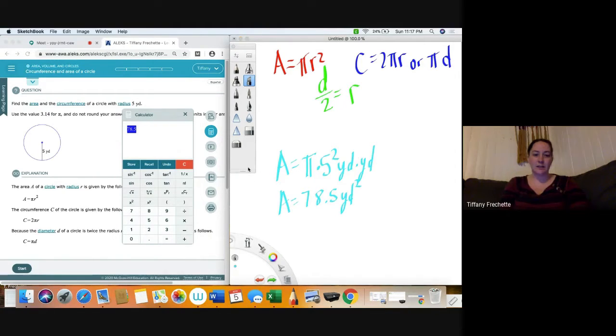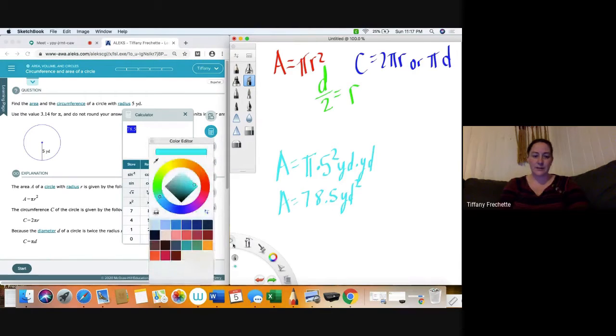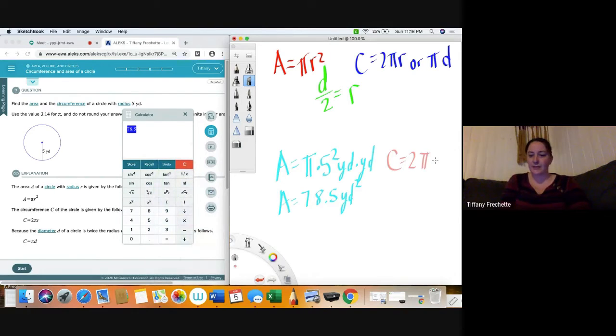Undo that. All right. And then they also want circumference. We'll do circumference in pink this time. So C equals 2 pi r. We know r, again, they told us in the problem that r is 5.